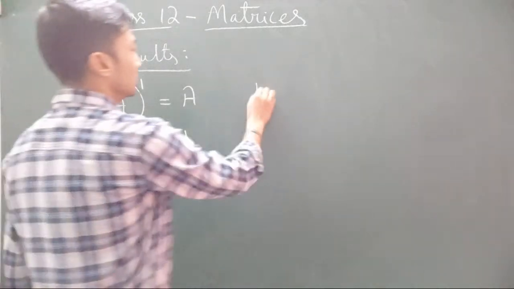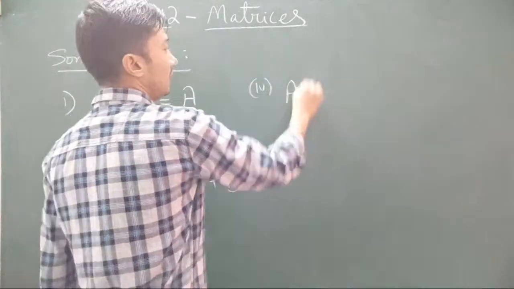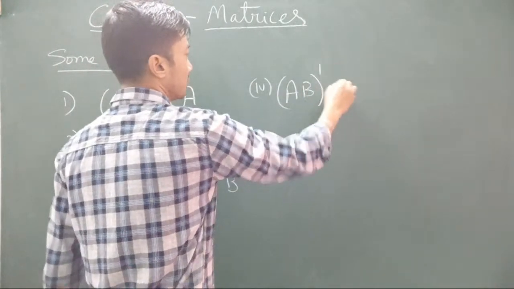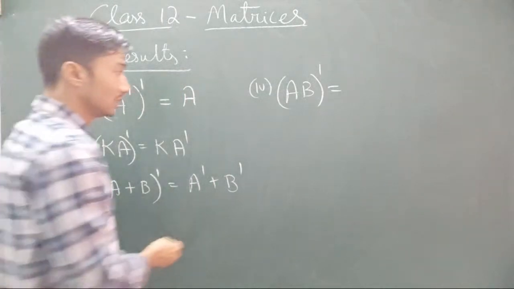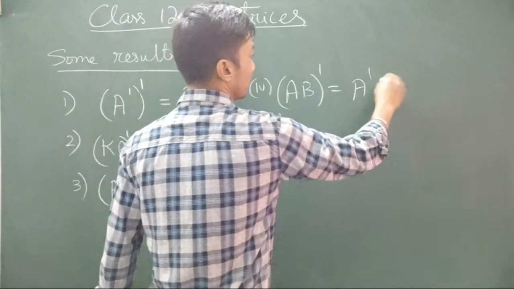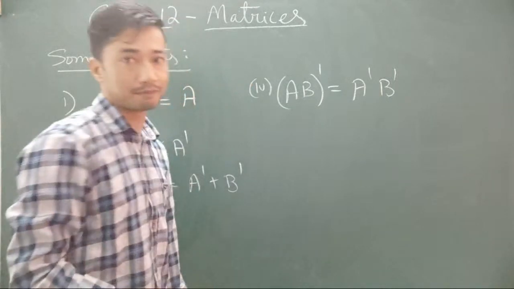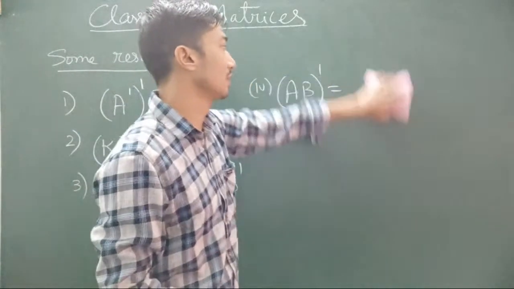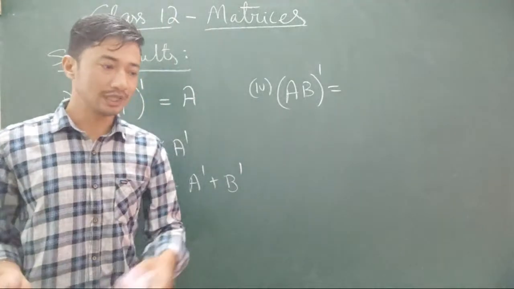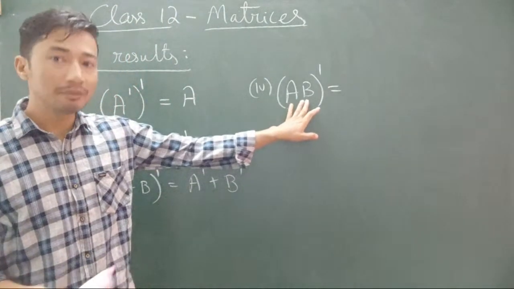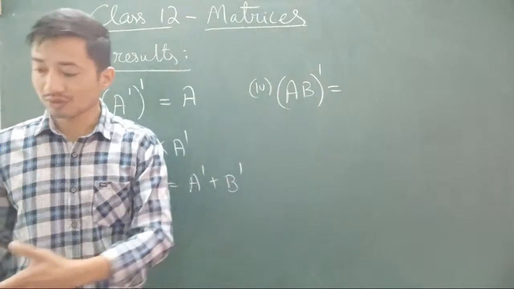But A into B whole transpose, not like addition or subtraction. We are not going to be having A transpose B transpose. Okay, no, because the concept is very simple. When we have A into B whole transpose, we will not go for the proof.